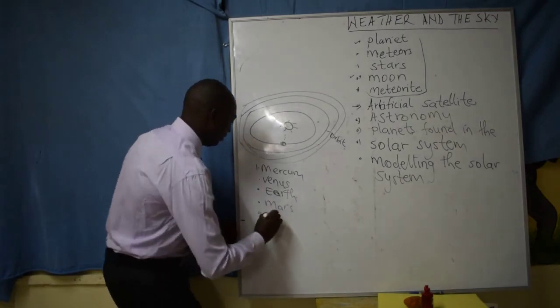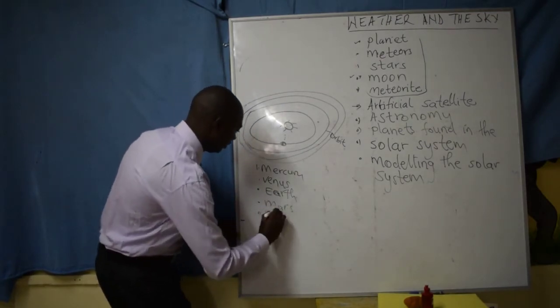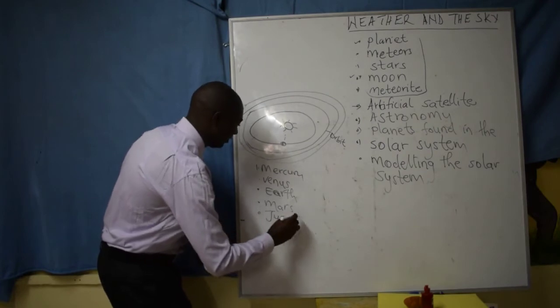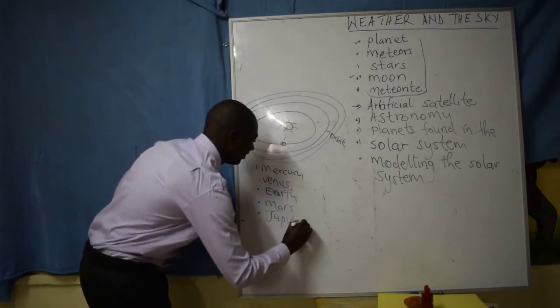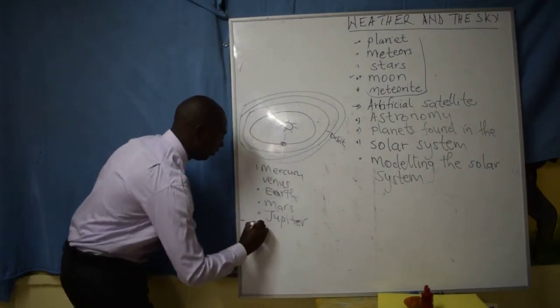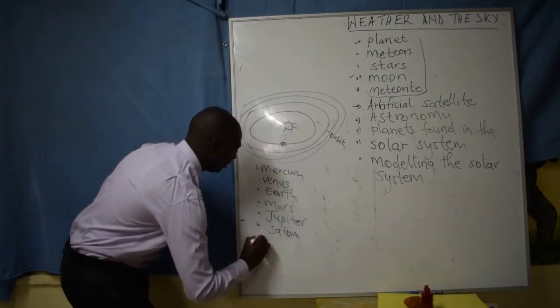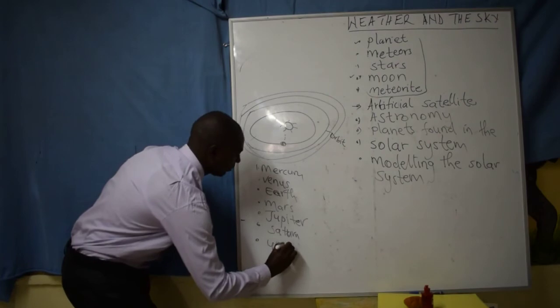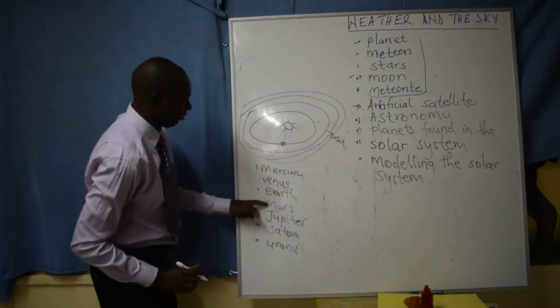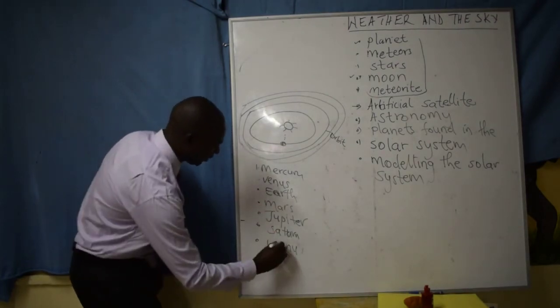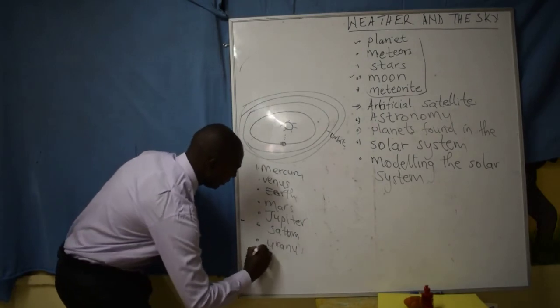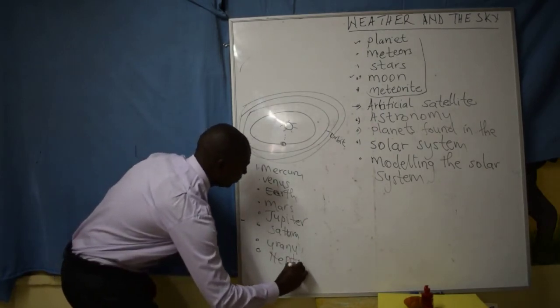You have Jupiter. From Jupiter you have Saturn. And you have Uranus. These are the planets, 1, 2, 3, 4, 5, 6, 7. Neptune is the last.